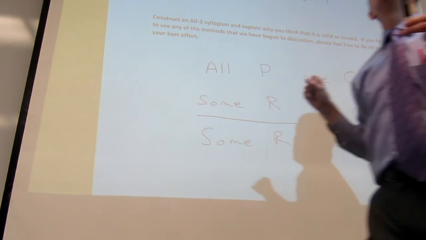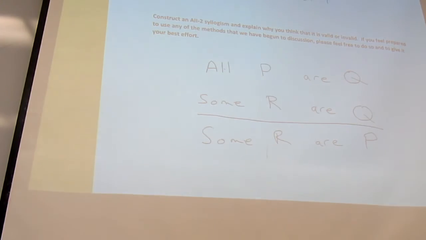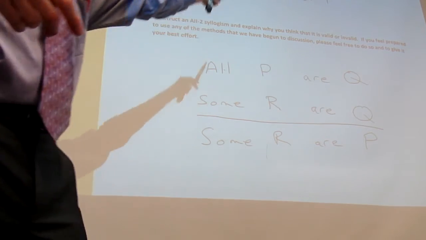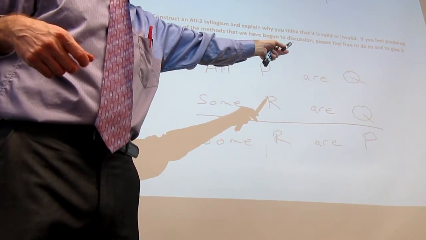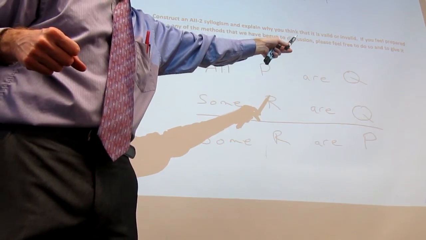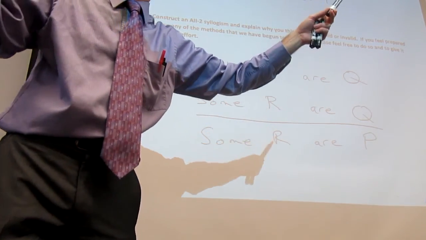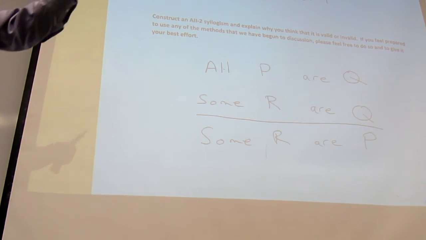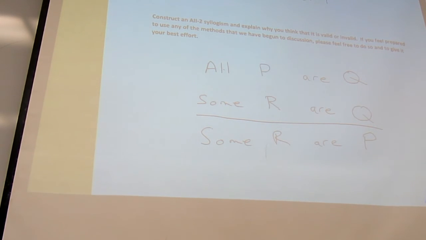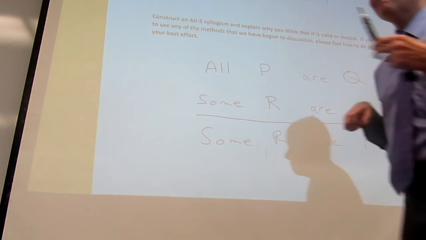I can't expect you to know what that means now. That is for Friday. But I'm telling you right now that the failure of this syllogism will be called an undistributed middle term. Or to get fancy, they call it an illicit middle term. Illicit because it doesn't do what the middle term is supposed to do. It's supposed to connect the premises logically. This one fails.